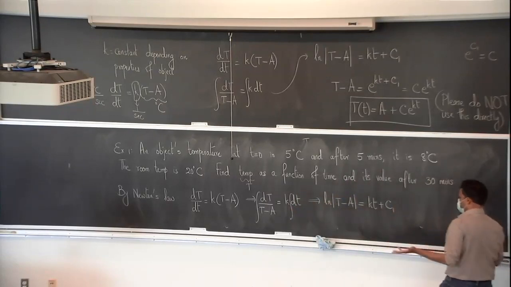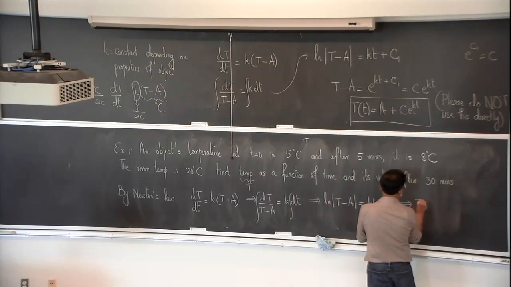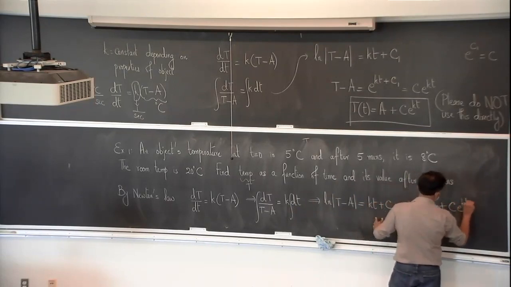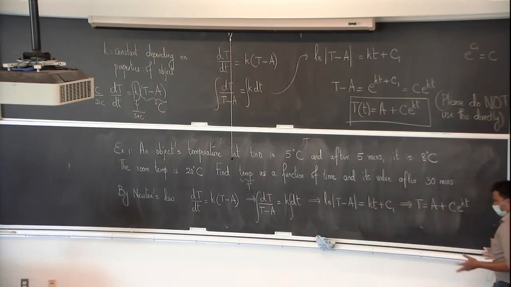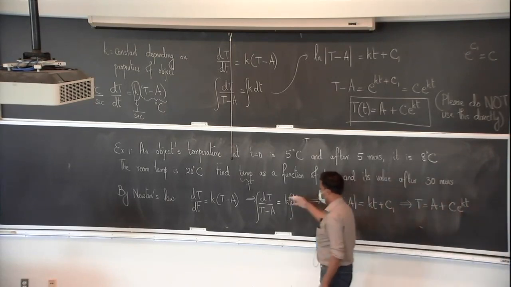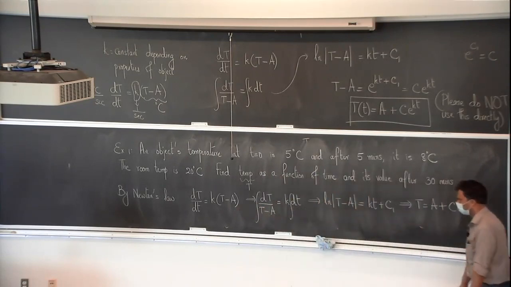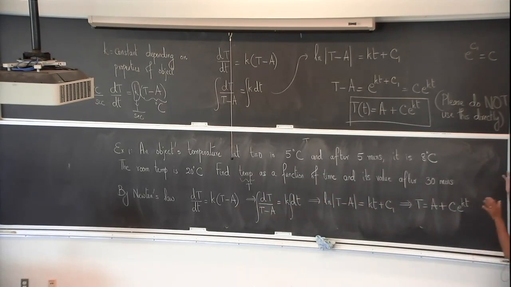And then it doesn't hurt if you just write T equals A plus C e to the power of kt. At least that means I know that you have understood what is going on here. You're able to write this problem in terms of a differential equation, solve it, and write the solution. When I first tell students, they say, oh, I don't want to write all that stuff, but it's not too much.